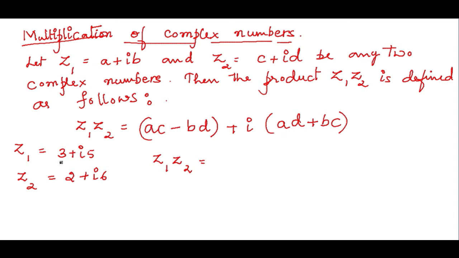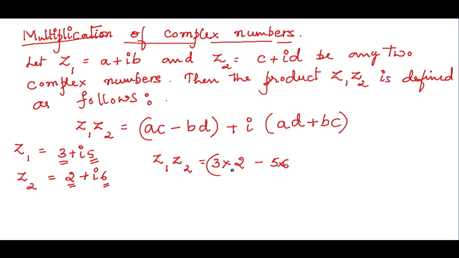A is 3. So 3 into, what is C? C is the real part of Z2, so it is 2, minus B into D. B is 5 and D is 6.